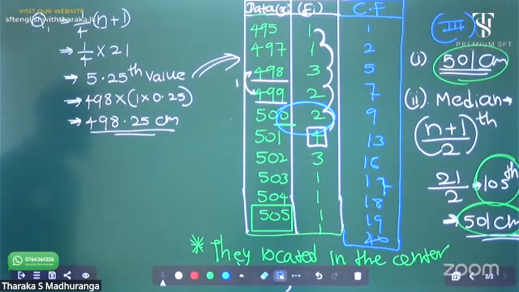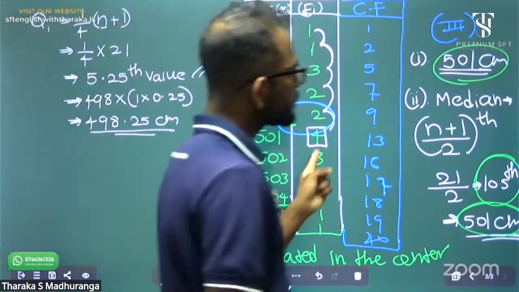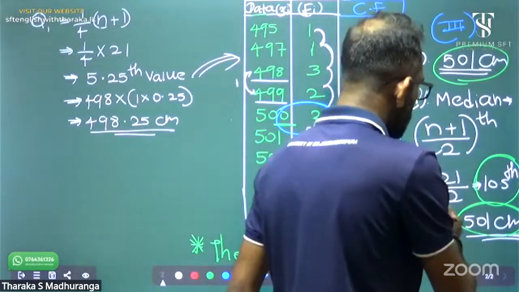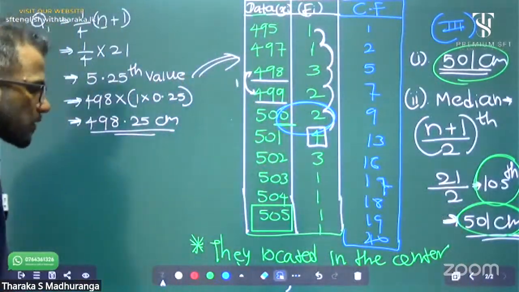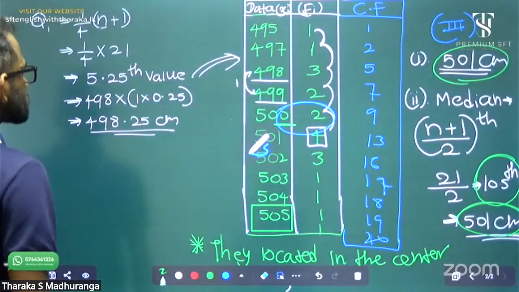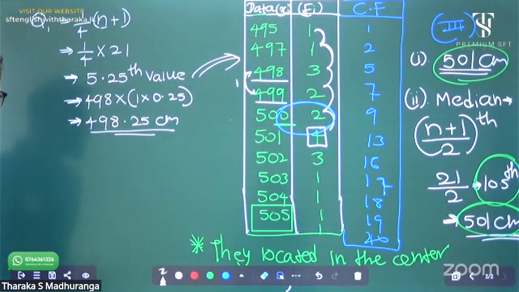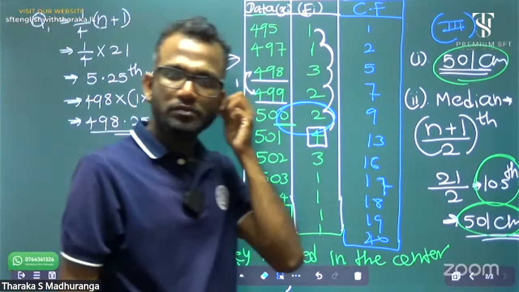What is the second quartile? The second quartile, we already got it. It is 500 pounds. The second quartile is the median. What is the second quartile value?